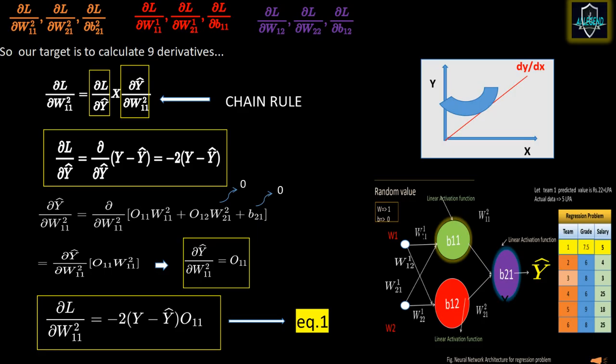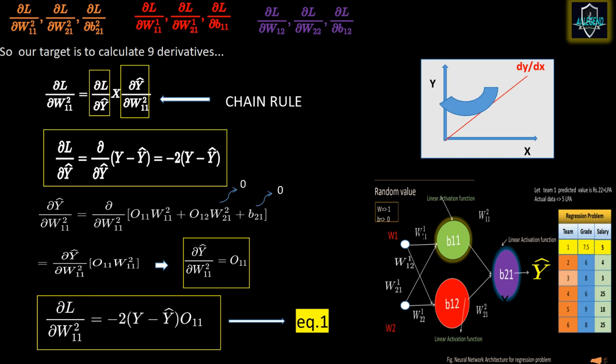So if we differentiate with respect to W211, you can see W211 appears in only one term here, and in the next one, O12 and W221 will become 0, and B21 becomes 0. Alright, this is the differentiation rule as you see in the figure.